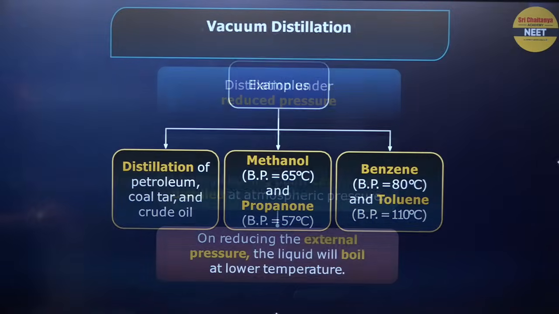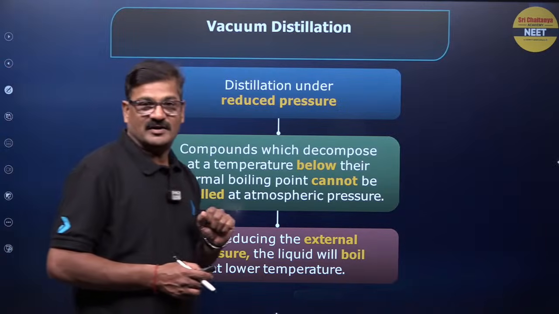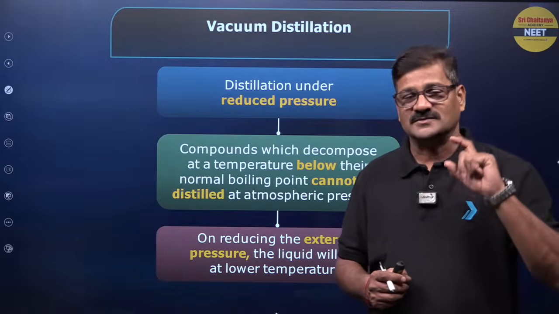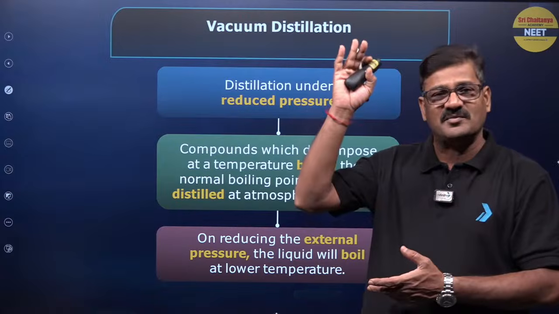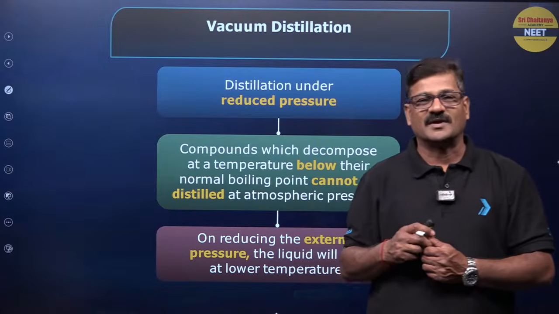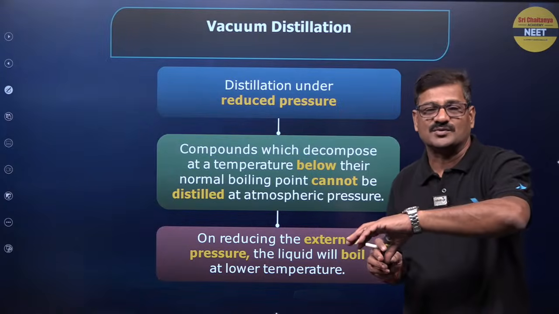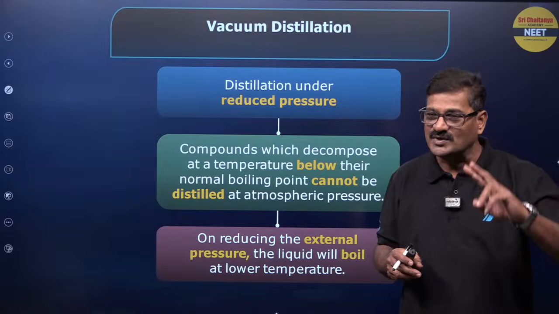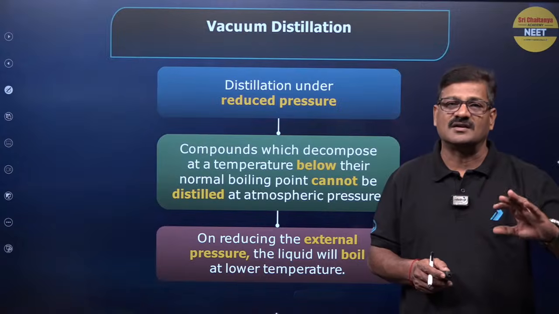Next, vacuum distillation. Vacuum distillation can be done in two cases. Either if the liquid has a very high boiling point, or if the liquid is going to decompose before its boiling point. In these two cases, we can do vacuum distillation, or distillation under reduced pressure.